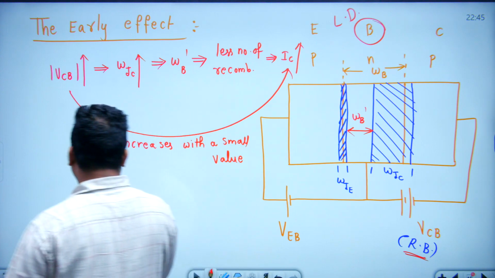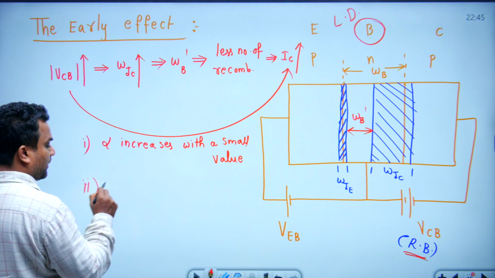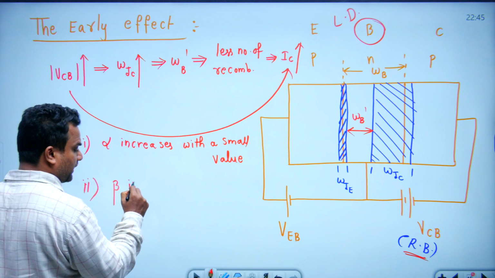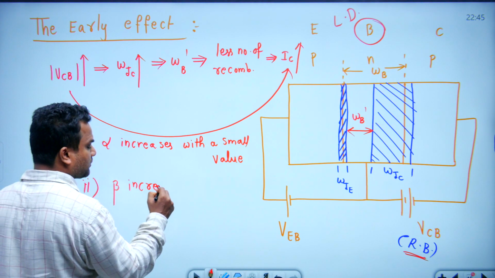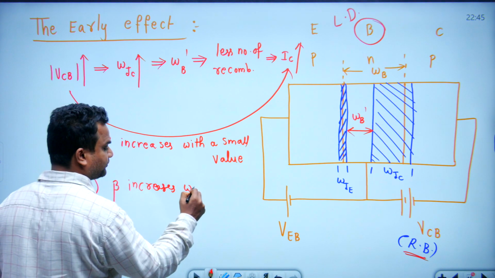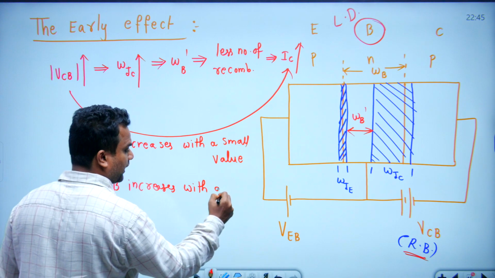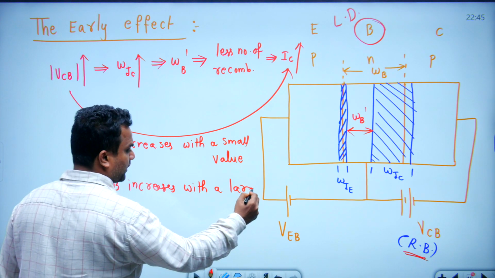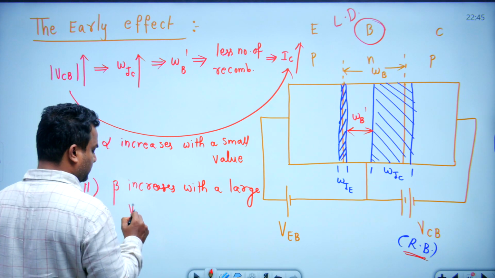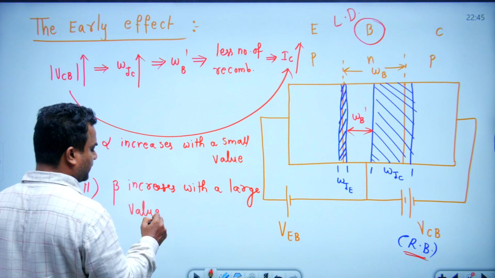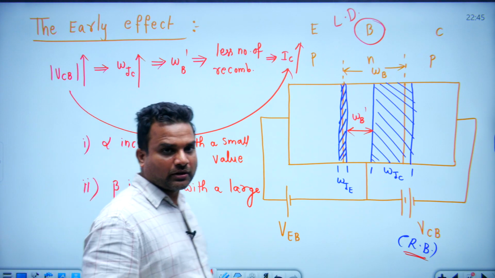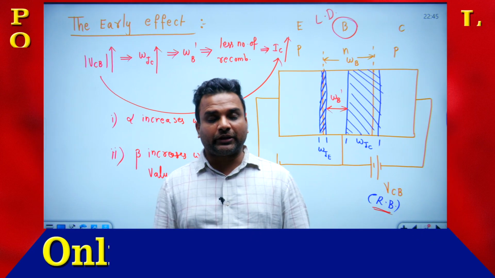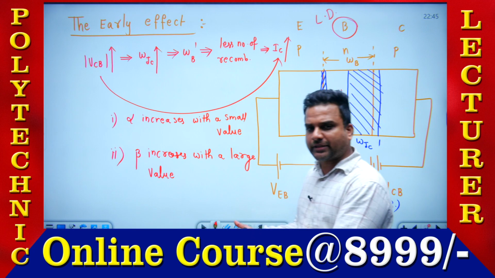However, remember guys, the second one: beta increases with a large value. So I repeat, beta increases with a large value. You can ask me, sir, how does it increase with a large value? Let us take a proof.